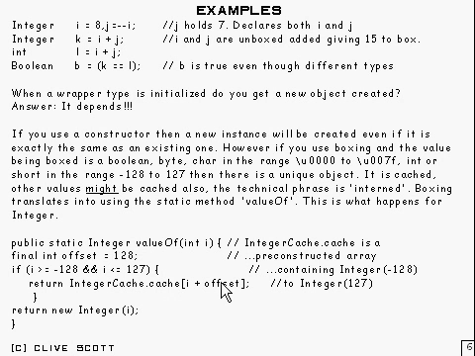It just runs through and creates 256 values that are stored in this array, and it's one of those values which is returned. Otherwise, it actually goes and creates a new one. For other values outside this range, it might also be cached, but you're not guaranteed one way or another. That's something to be aware of, and it will cause some pitfalls, as I'll demonstrate in a minute.